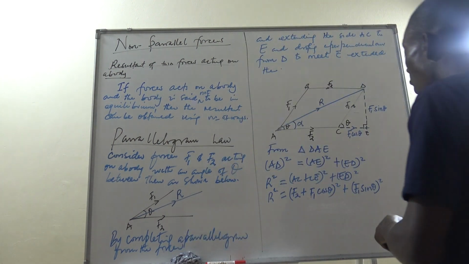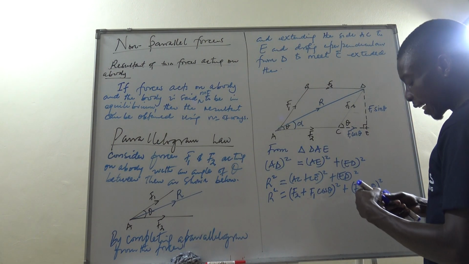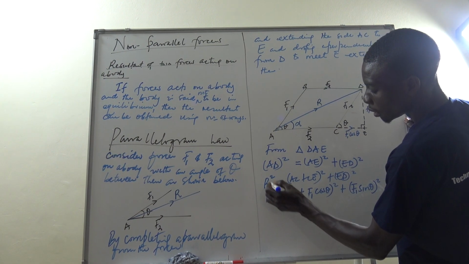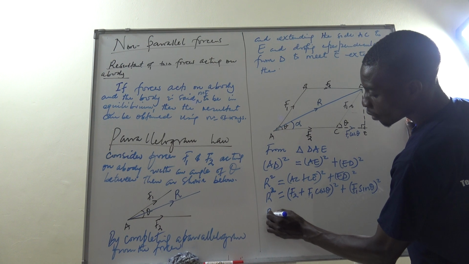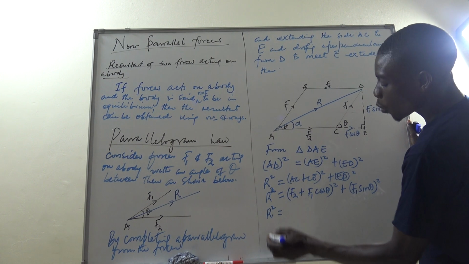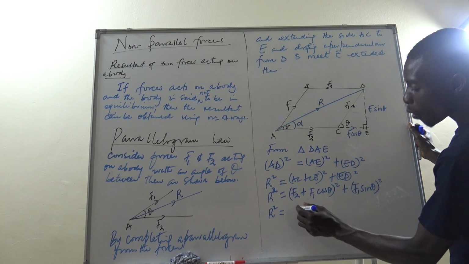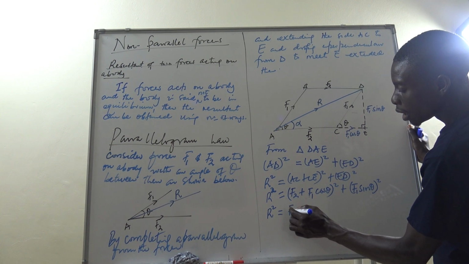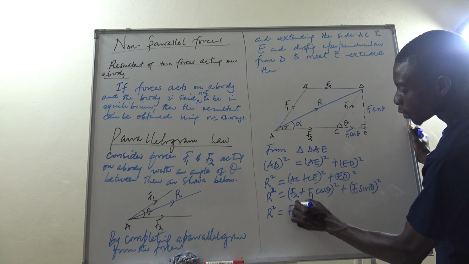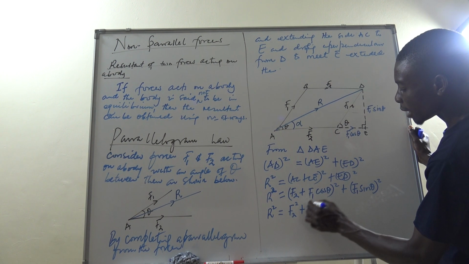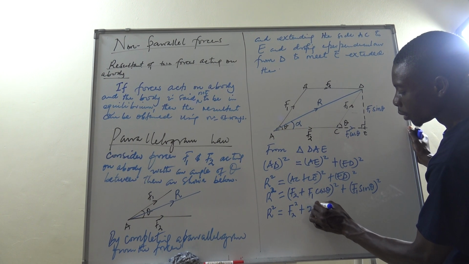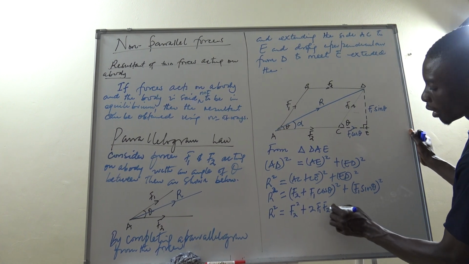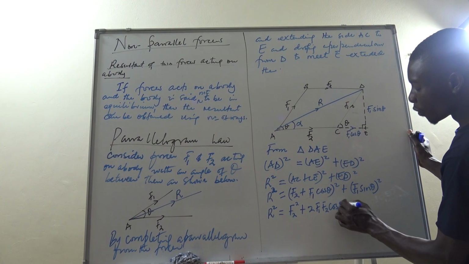So if we have now looked at that, I can now interestingly tell you that I have R squared, and I can now open the bracket and say F2 squared plus 2F1F2 cos theta.